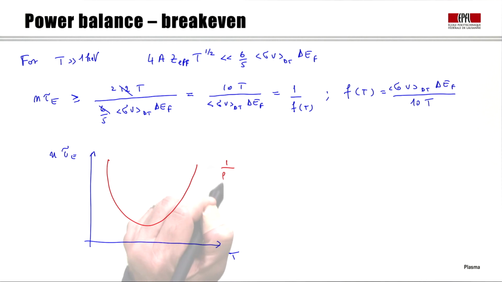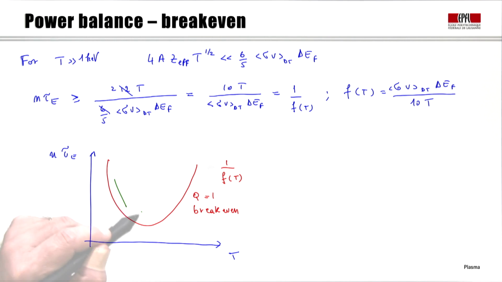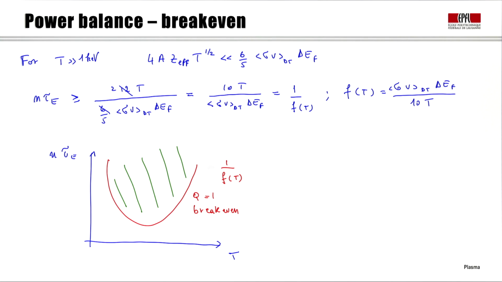The function 1 over f of T is represented by this red curve. That corresponds to the Q equals 1 situation, or break-even situation. So reactors can have a hope to work in a region in green here above that line.